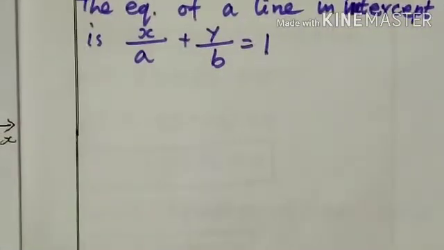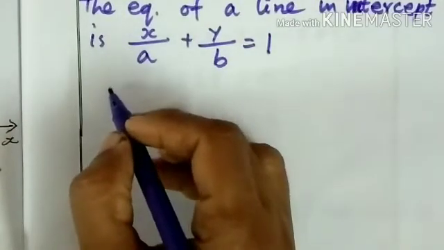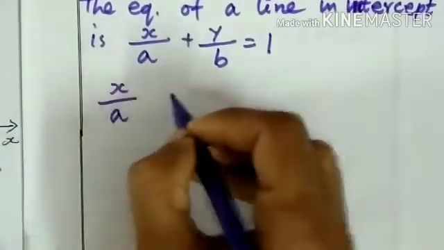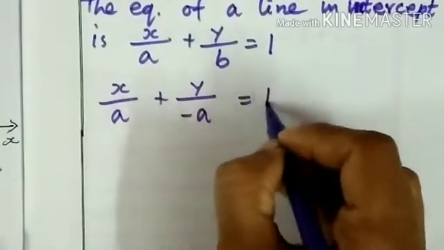Here you have to apply the given intercepts, that is x by A plus y by minus A is equal to 1.